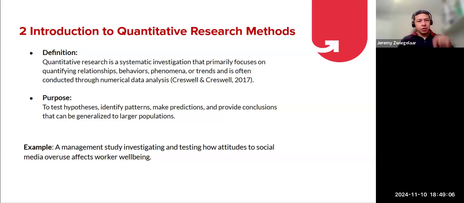Again, we are identifying what the problems are from hypotheses. We'll test the model that we have created around social media overuse and worker well-being. So there's a connection between the two, and we will test them given your hypothesis. So in this example, that's the plan.